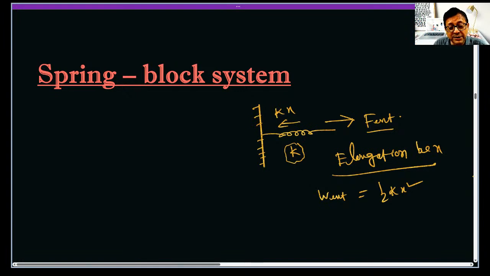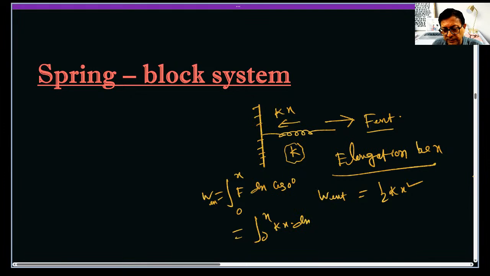If you find W by using this formula, it will be, by external agent, integral of F x cos 0, from 0 to x, and F is kx. This derivation you know, half k x square. This is work done by the external agent.